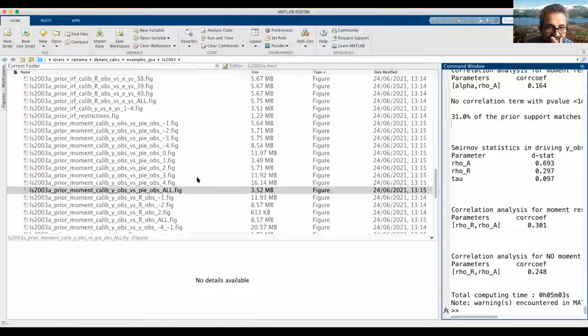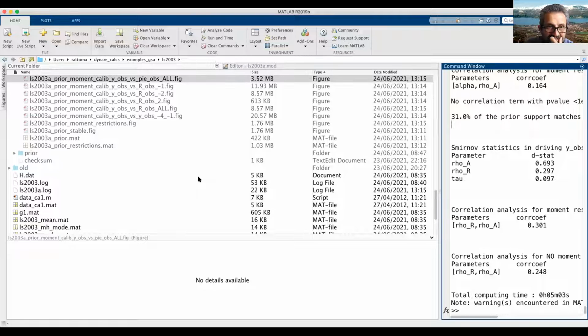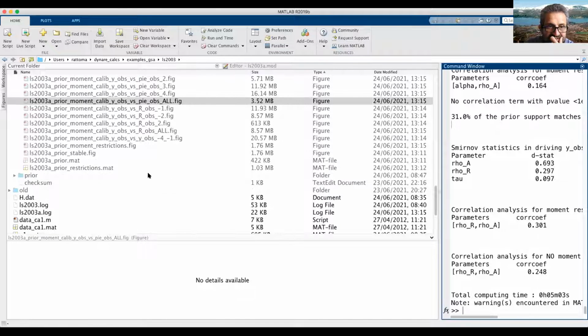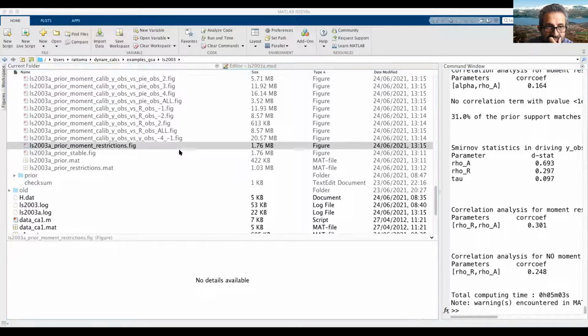This is the same thing for the moments. So you can compare the outcome of your Monte Carlo draws, depicted by the black lines, with your criterion.